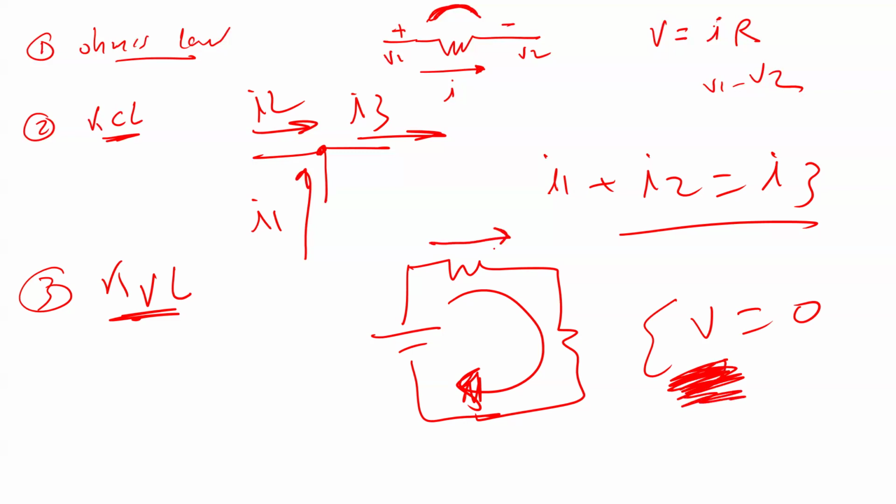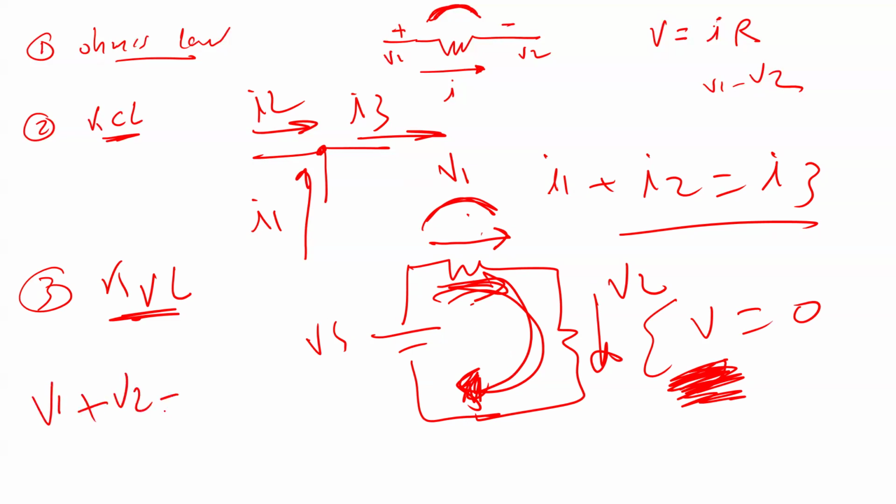If the current is flowing this way and it has the same direction you are assuming here, it's similar to the current this way, so I'm gonna get the voltage drop here. For example, I'm gonna call it V1, V2, and Vs. Because it's the same direction, I'm gonna get it positive.